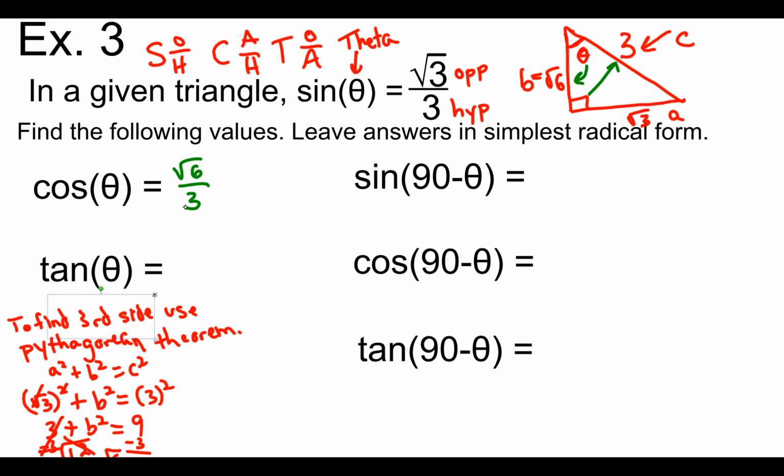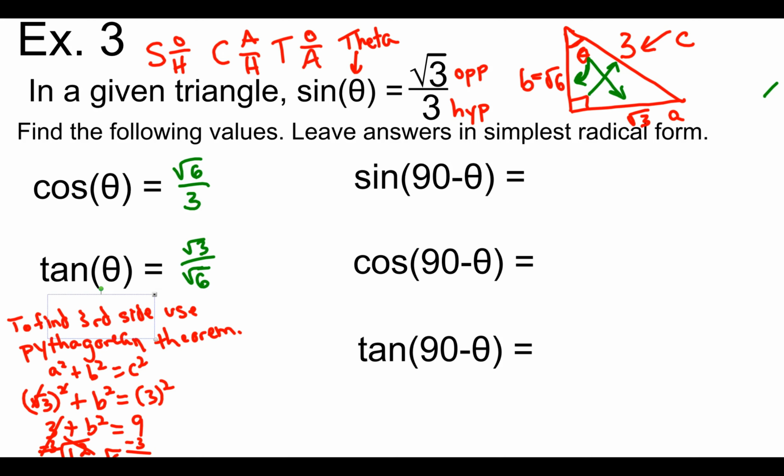So that's all there is to that one. Okay. Next one, tangent of theta. So tangent is opposite over adjacent. So it's going to be square root of 3 over the square root of 6. So again, we got a radical in the bottom here, so we're going to have to come back and rationalize that. But let's leave it like that for now.